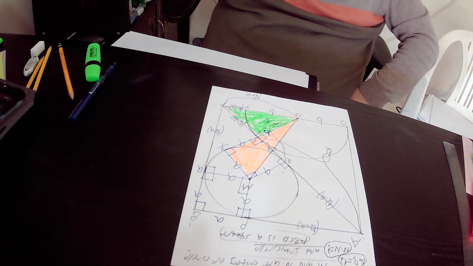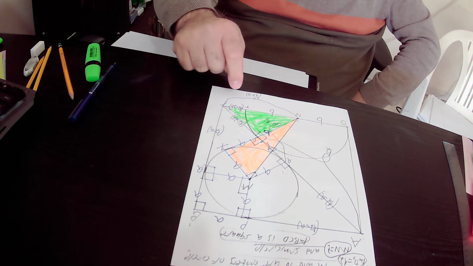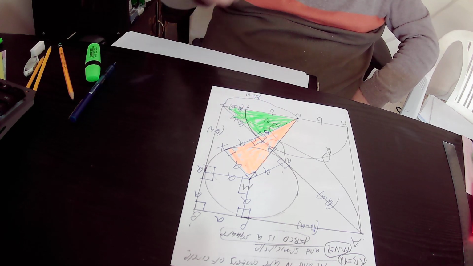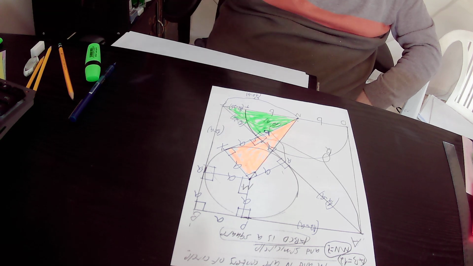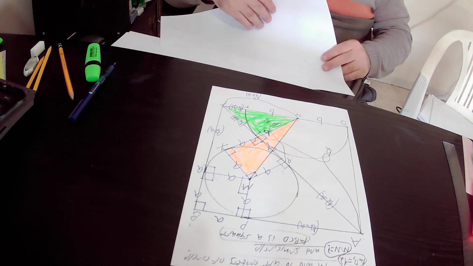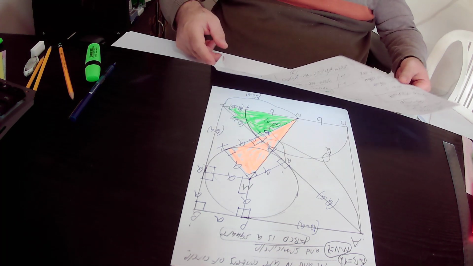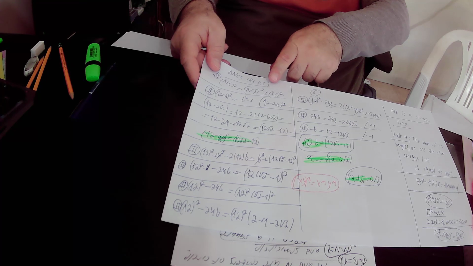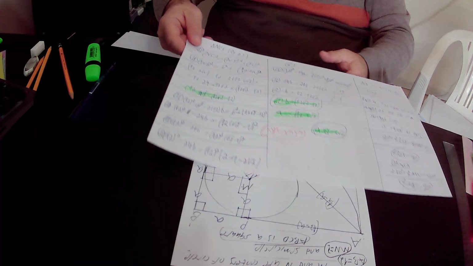Because angle NSC is equal to 90 degrees, the green triangle NSC is a right triangle, so we can apply the Pythagoras theorem on the green right triangle NSC. According to the Pythagoras theorem, NC square equals NS square plus SC square.